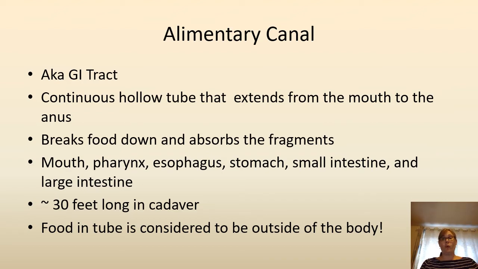The main organs that are part of that actual tube are the mouth, the pharynx, which is our throat, the esophagus, which goes right behind the trachea, the stomach, the small intestine, and the large intestine. Each has its own characteristics and specializations, and different things happen in each of these spots.